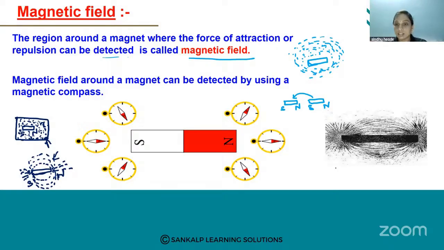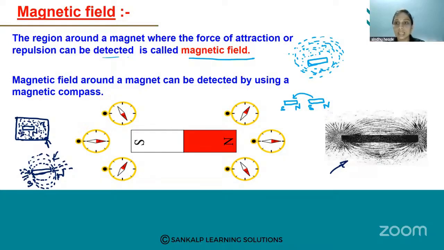See here, this picture explains it clearly. This is considered the white sheet, and here we place some finely powdered iron, and then after some time they all get arranged like this. Why do they get arranged like this? Because in a particular region or place they feel some attraction towards this magnet.